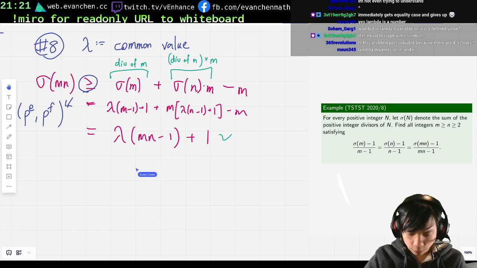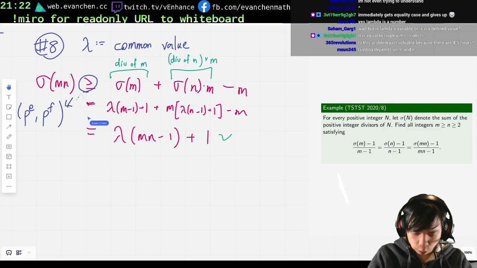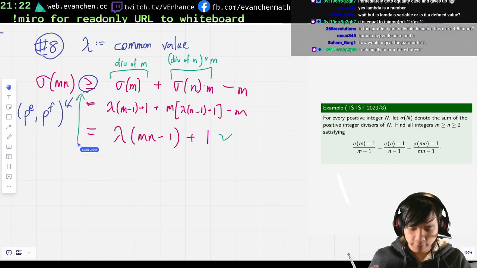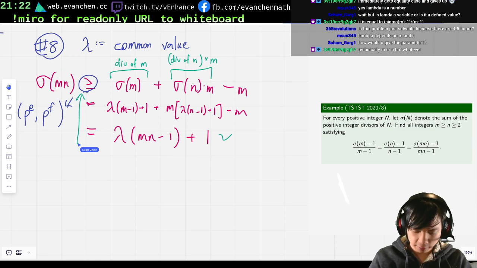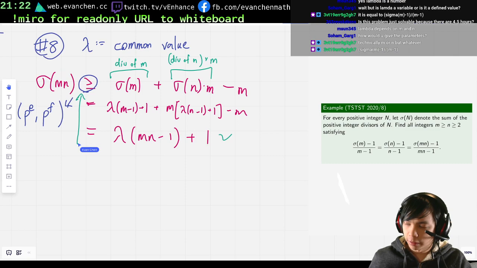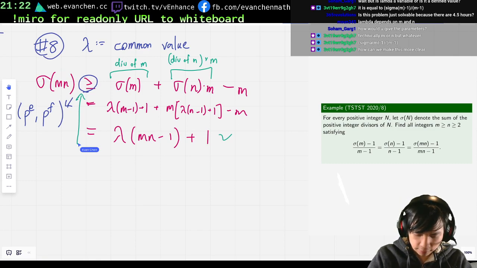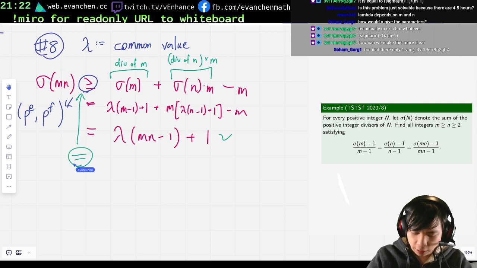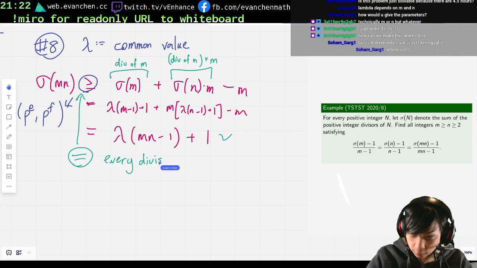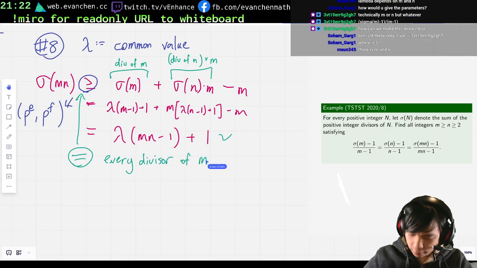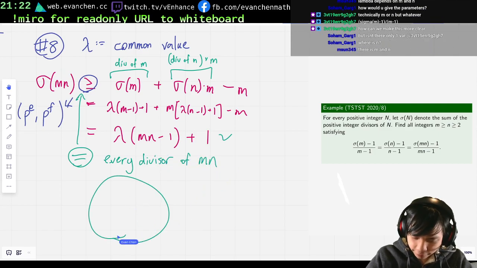Okay, so what we've learned is that we knew that this greater than or equal to sign works whenever m and n are both prime powers, but now we have an analysis that says, if the problem is going to work for m and n, then this has to actually be an equal sign, meaning every divisor of mn must fit in the following Venn diagram.